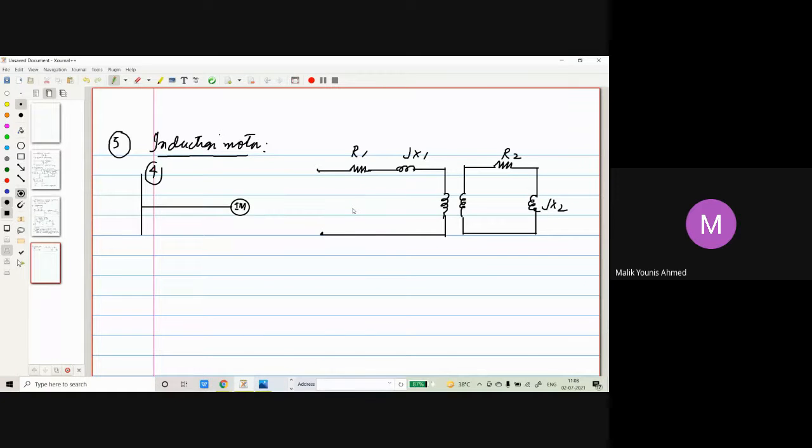Now if we draw the same, because it's a static load, we call it load with only impedance. I already told you it's called a static load. Now if I draw the equivalent network of this one, R1 will be this one, JX1, R2, JX2, then we can have primary side, secondary side.